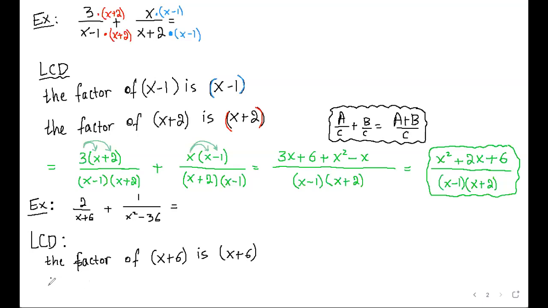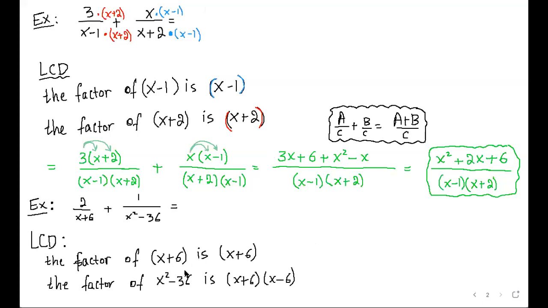What is the factor for the second denominator? x plus 6 times x minus 6. Correct, and times x minus 6. Exactly. So he used the idea from the previous section again.